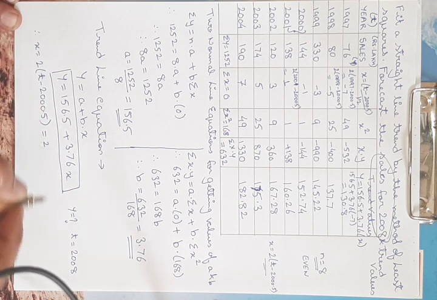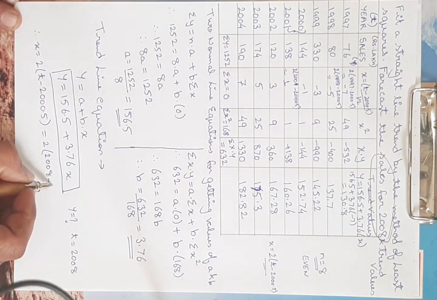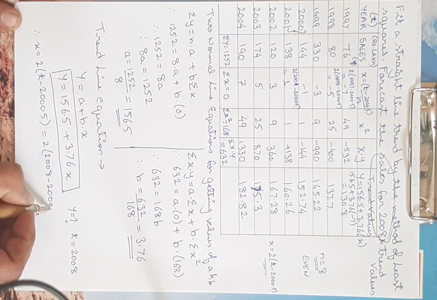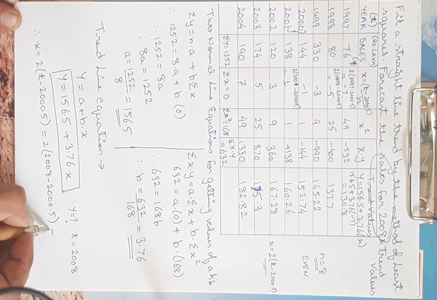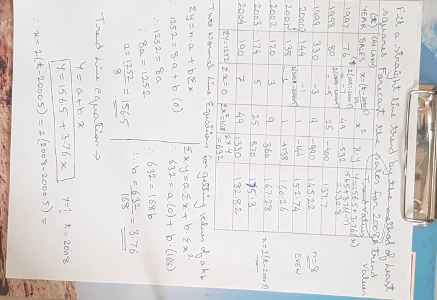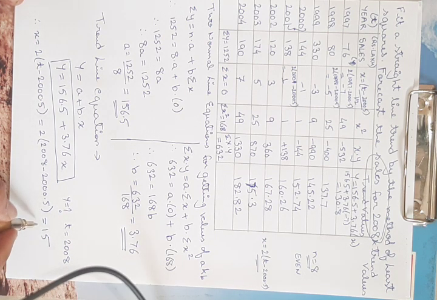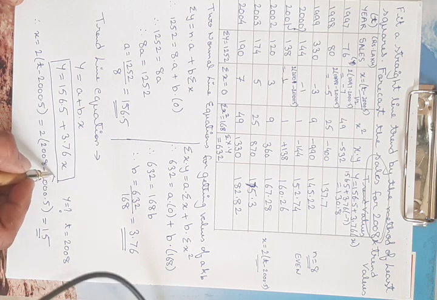This is nothing but 2 multiplied by, what is t? T is 2008 minus 2005. So friends, for this particular thing, we can easily get the value of x as 15.